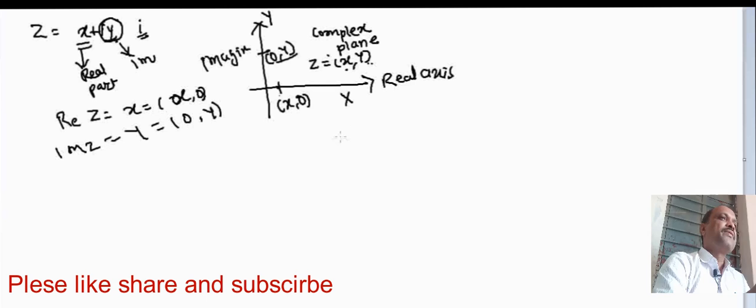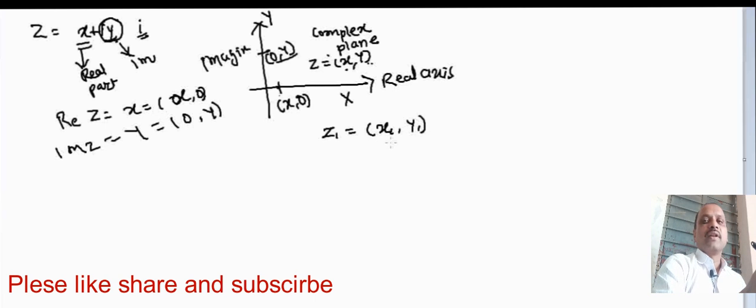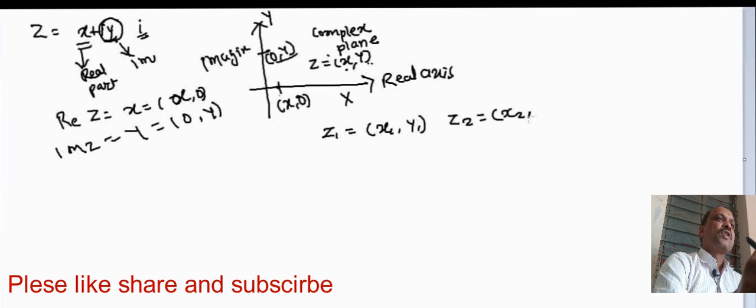Now, let us define addition and multiplication for two complex numbers. If I have a complex number z1 having real part x1 and imaginary part y1, both real numbers, and another number z2 denoted by x2 comma y2, then z1 plus z2 equals x1 comma y1 plus x2 comma y2.